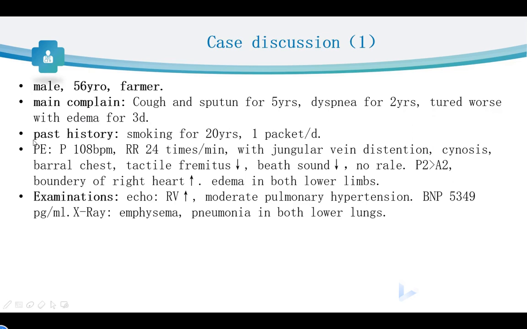And others, including the past history, physical examinations, and auxiliary examinations. You have several seconds to look at the details of this case. And finally, you need to think about this question. What's your initial diagnosis for this patient?